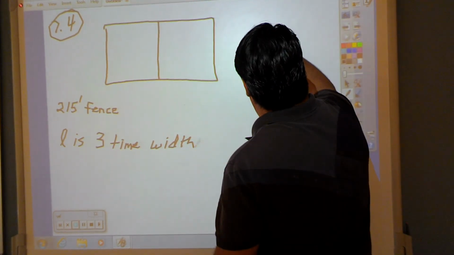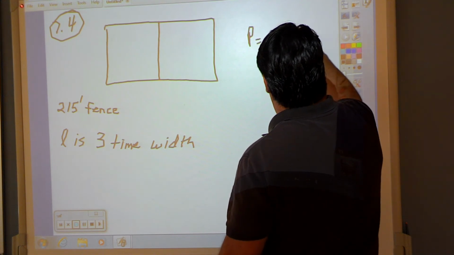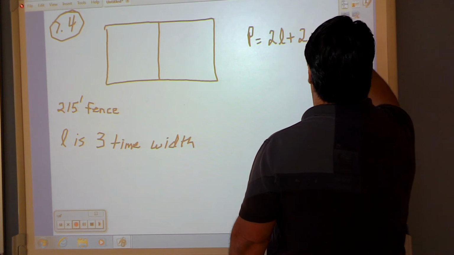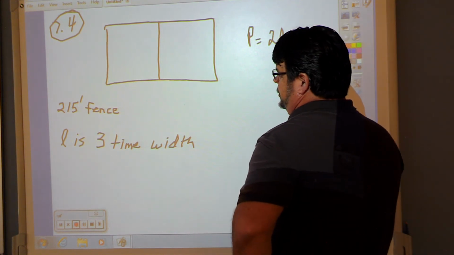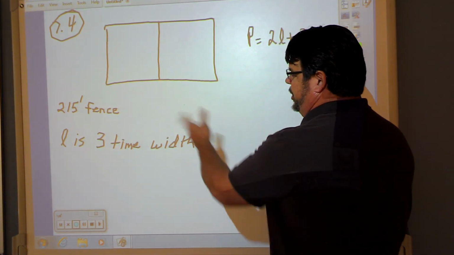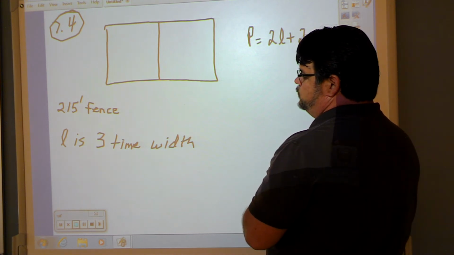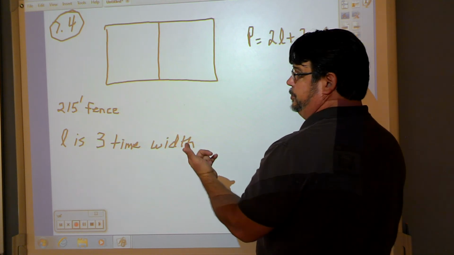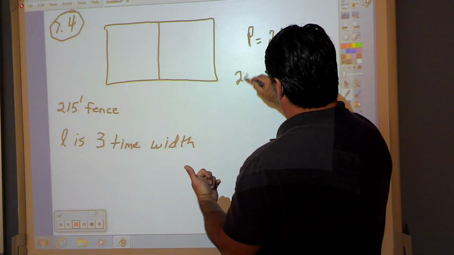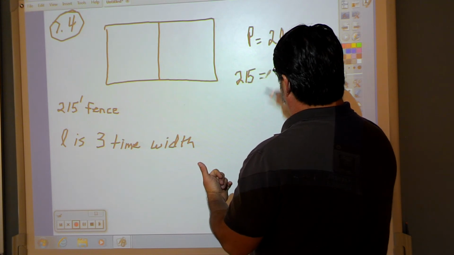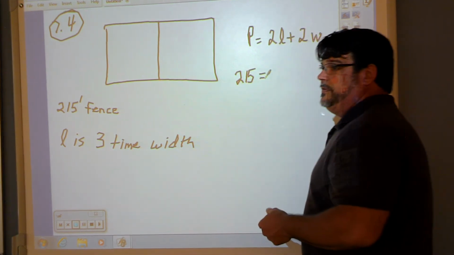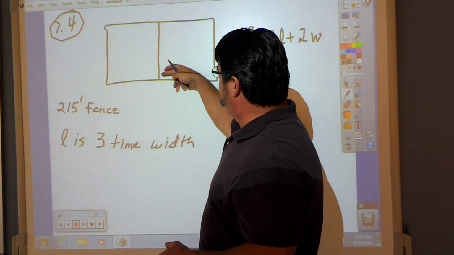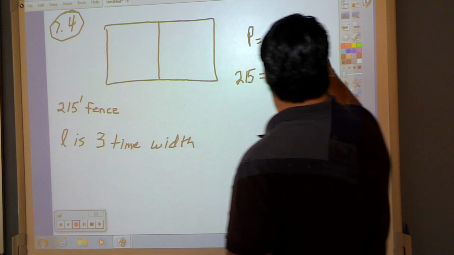So P is equal to 2L plus 2W. And what are we given? Somebody tell me what we're given. We're given the perimeter, which is 215, right? He bought 215 feet. He needs to know this length, and this length, and that's supposed to be 3W.